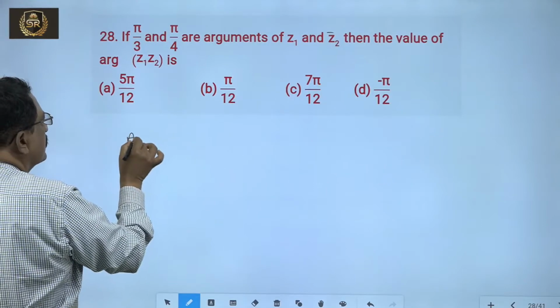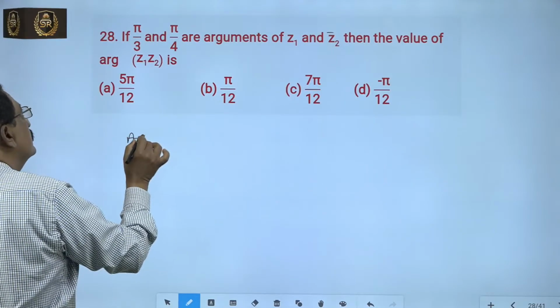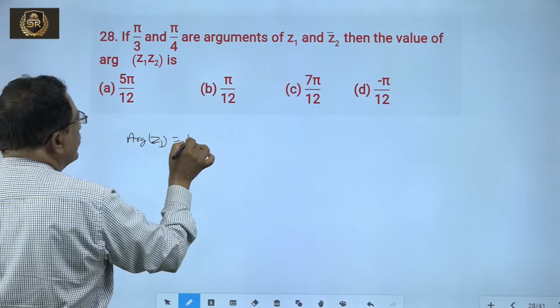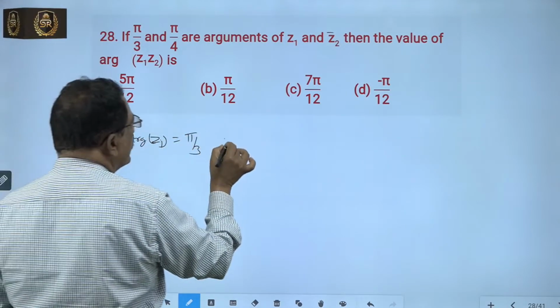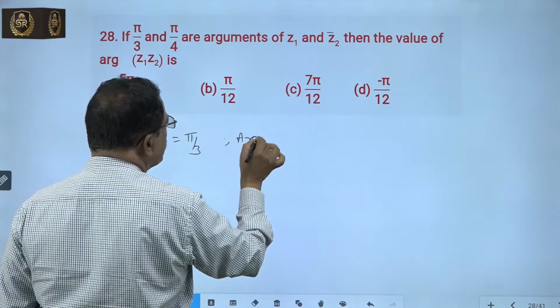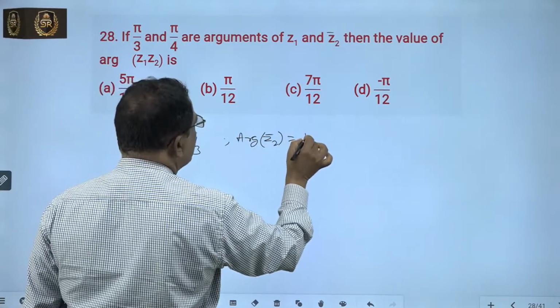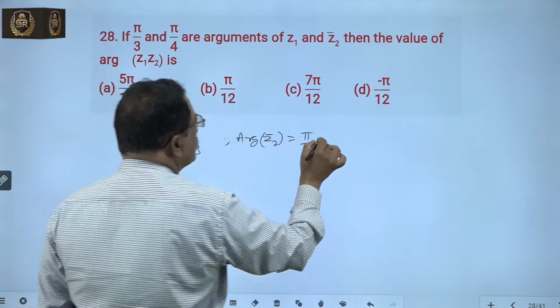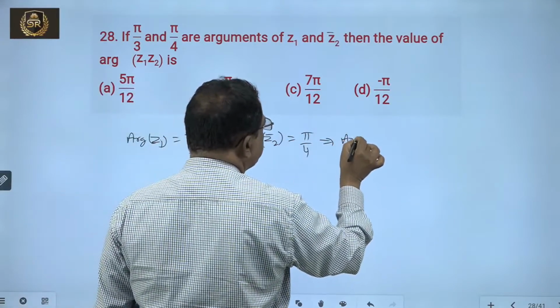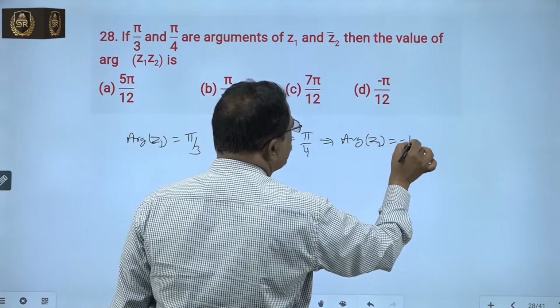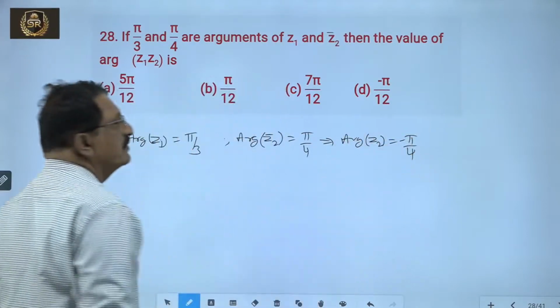Now given argument of z1 equals pi by 3 and argument of z2 bar equals pi by 4. Now in place, argument of z2 equals minus pi by 4.